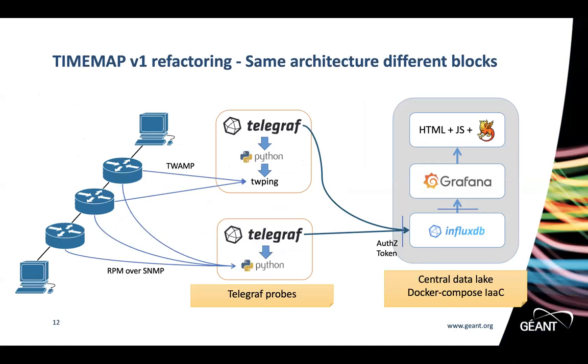And as the architecture was based on a microservice pattern, it was quite easy to re-implement the different building blocks while keeping the information flows the same. So instead of the custom Python scripts, we adopted Telegraf, and we used some small Python plugins that take care of querying the devices again and normalizing the data, which are now written into an InfluxDB version 2 database that is queried by a visualization tool, and this time we used Grafana.